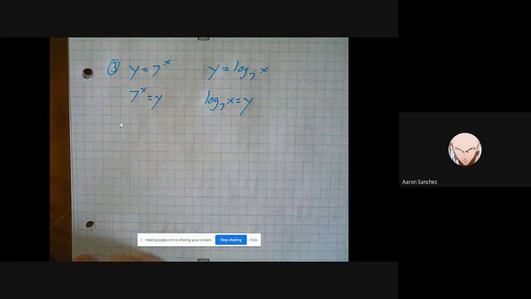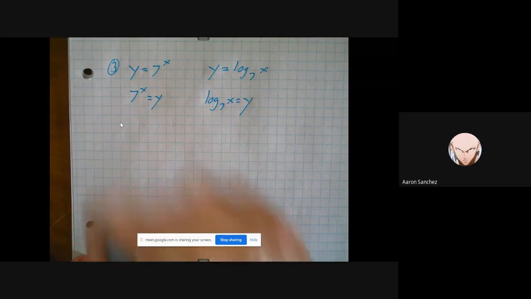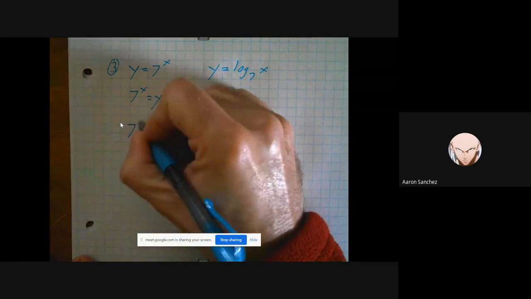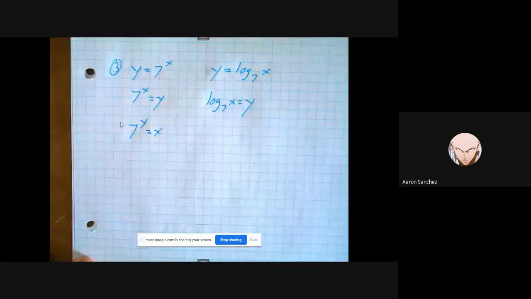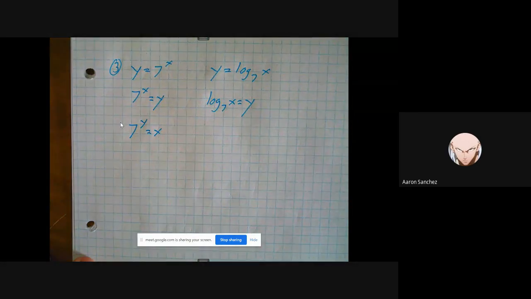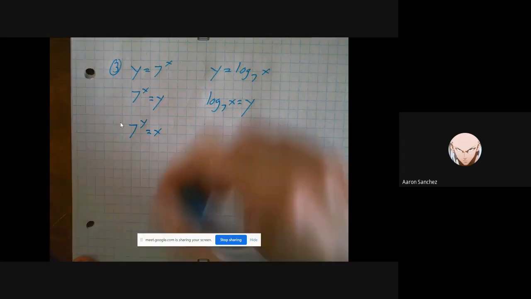Now, let's switch the x and the y and make this 7^y equals x. We are solving for the inverse. Let's write in log form.